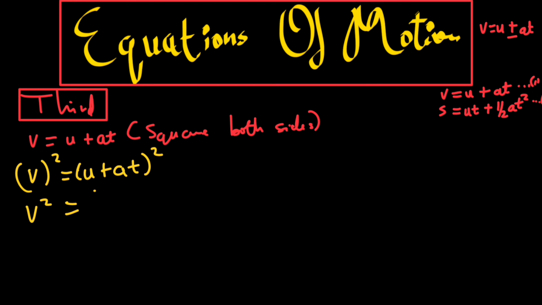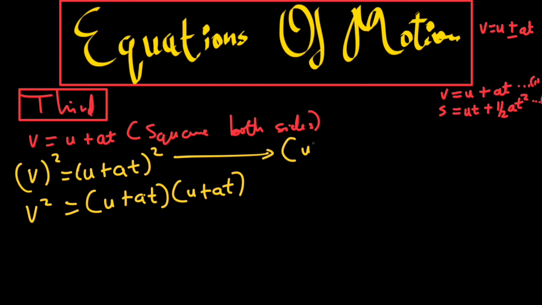This is u plus at times u plus at, and we just open the bracket. Do not make the mistake of saying this is u squared and this is at squared. No, wrong. Don't do that.